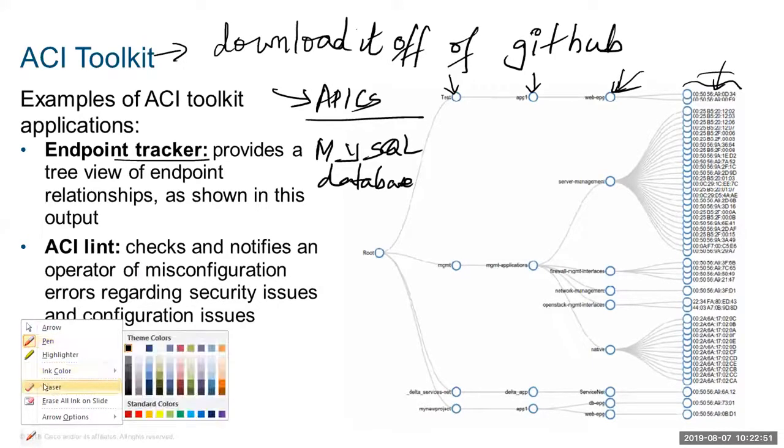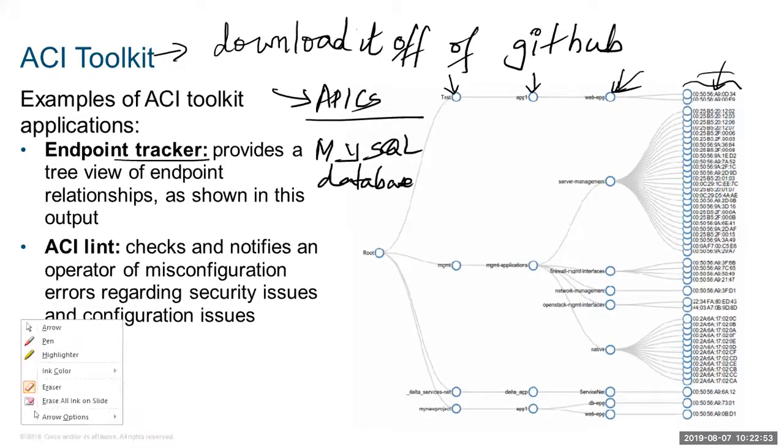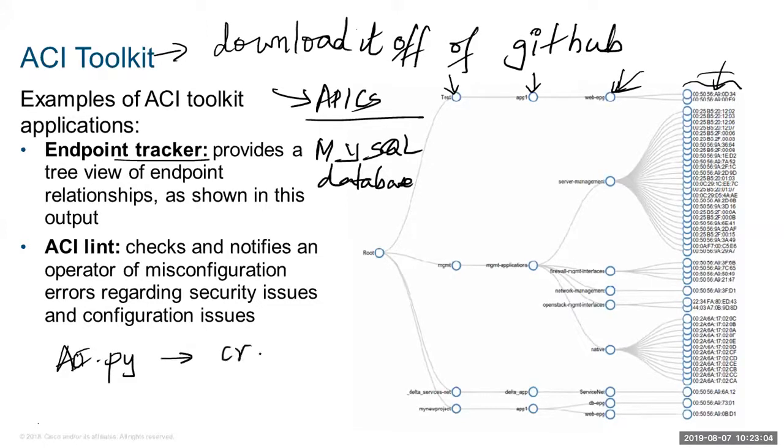In ACI linting, if I had a Python script where I'm creating a tenant, a VRF, and a bridge domain, these are three independent commands within the script.